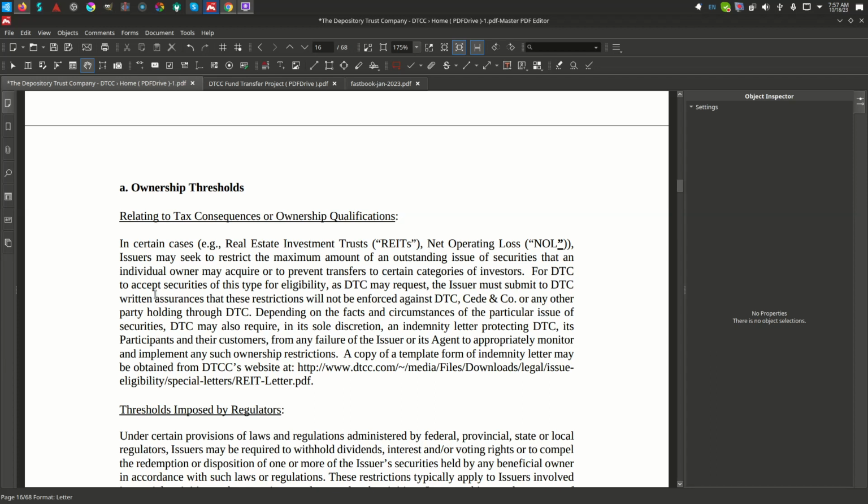For DTC to accept securities of this type for eligibility, the DTC may request that the issuer submit written assurance that these restrictions will not be enforced against the DTC and CD company or any of the parties through the DTC. Depending upon the facts and circumstances of a particular issuer's securities, DTC may also require, in its sole discretion, an indemnity letter protecting its participants and customers.